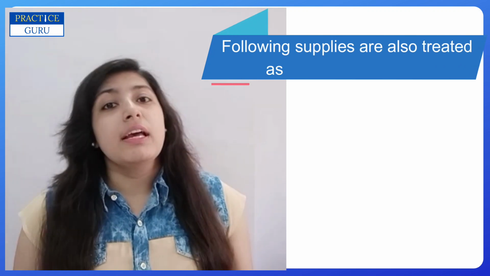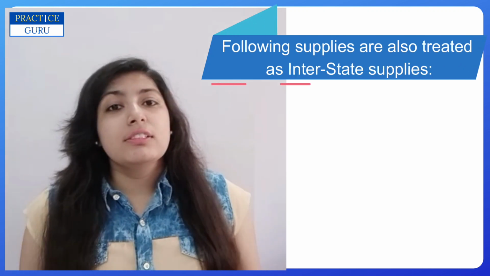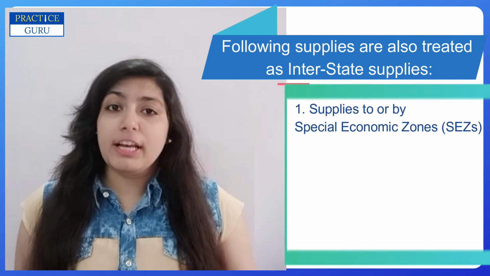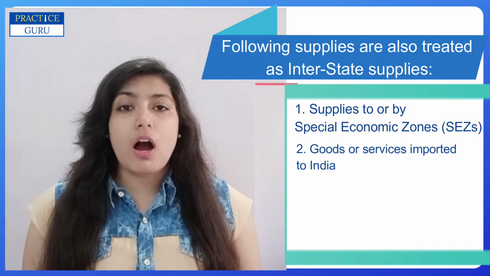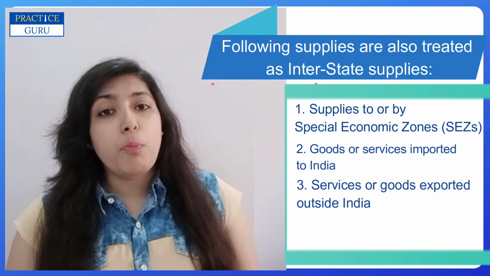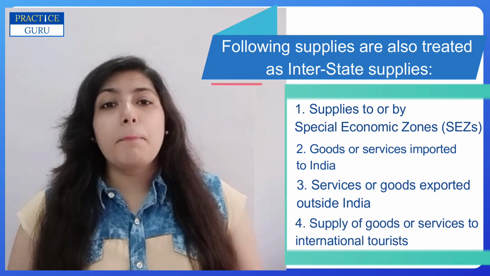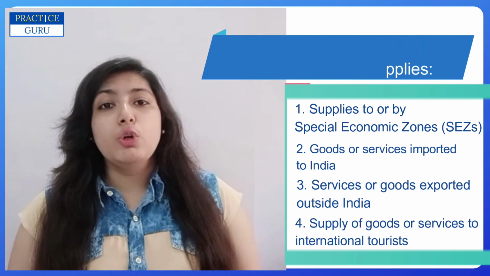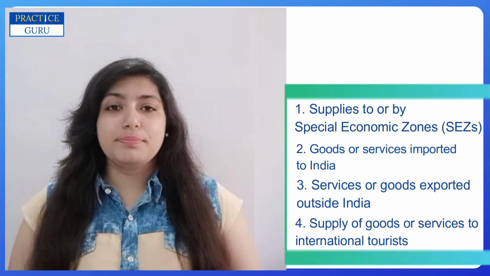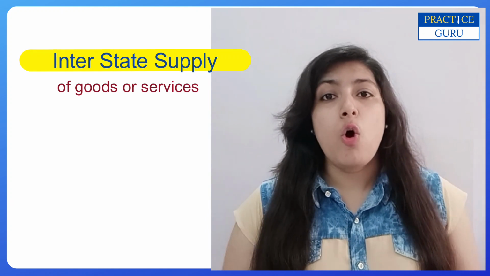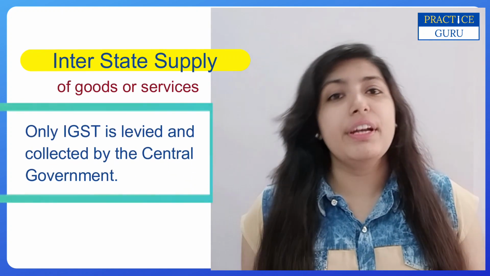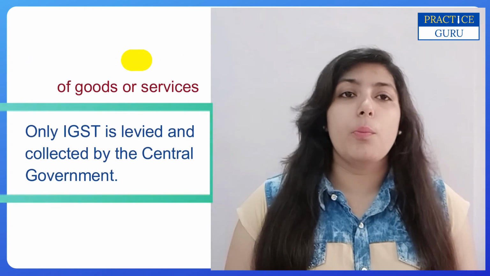The following supplies are also treated as interstate supplies: supply to or by a special economic zone, goods or services imported to India, goods or services exported outside India, and supply of goods or services to international tourists. Thus, on the interstate supply of goods and services, only IGST is levied and collected by the central government.